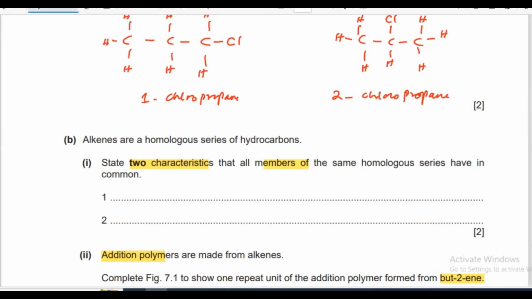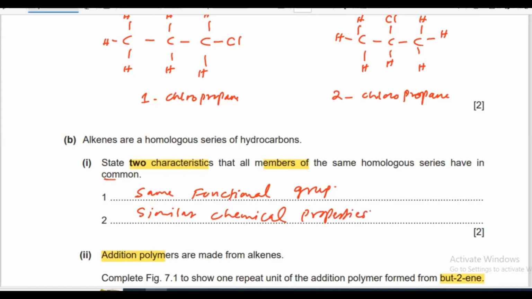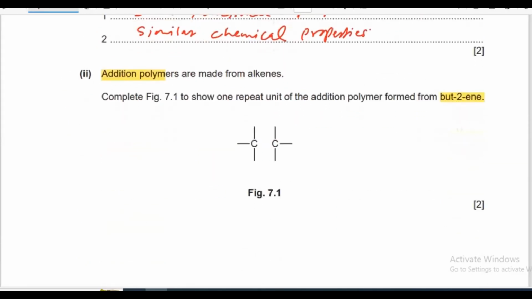So the two characteristics are the same functional group, as you can see in the above compounds, where chlorine is the functional group, and similar chemical properties.